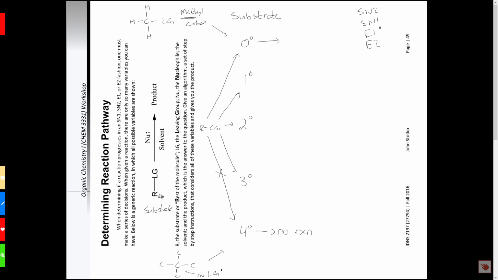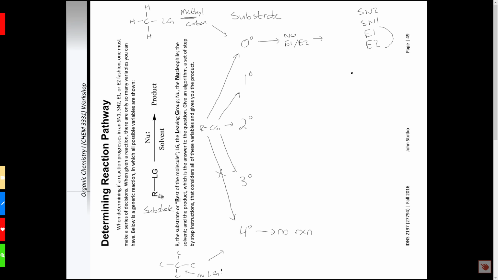Elimination reactions form double bonds, so you have to have two adjacent carbons next to each other. If your carbon is, by definition, not connected to another carbon, in other words, 0th order, you can have no E1, E2. Cool, we've eliminated 2 out of the 4.